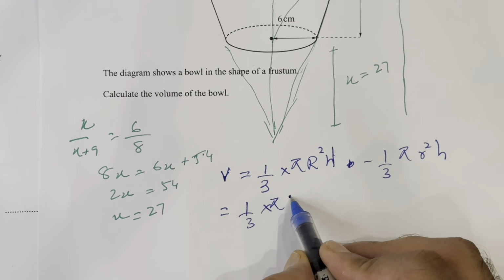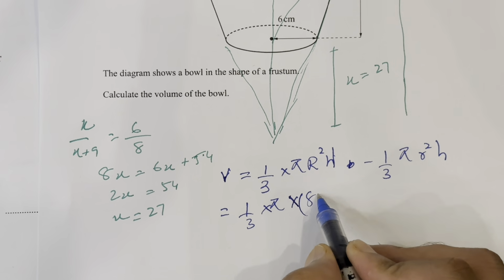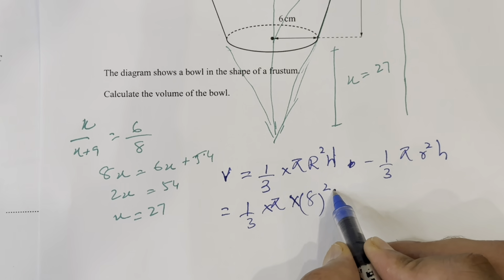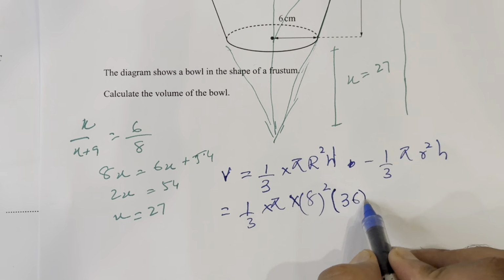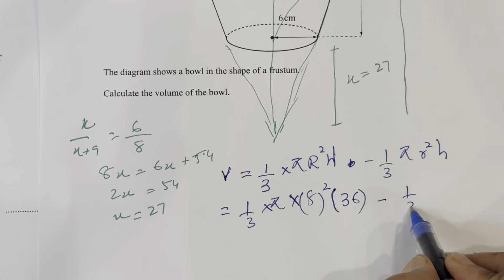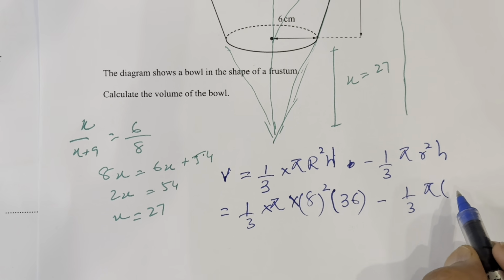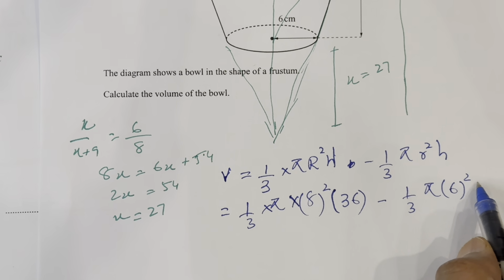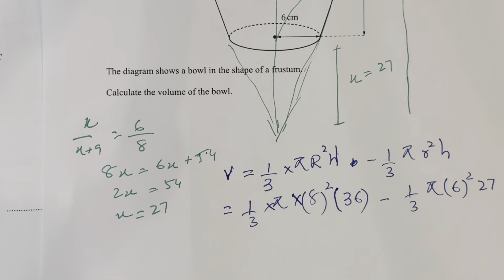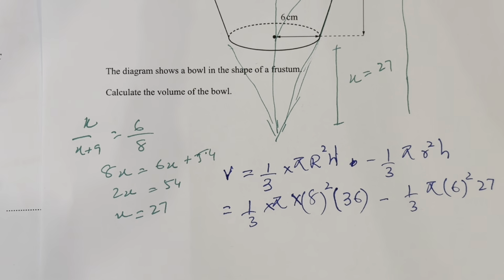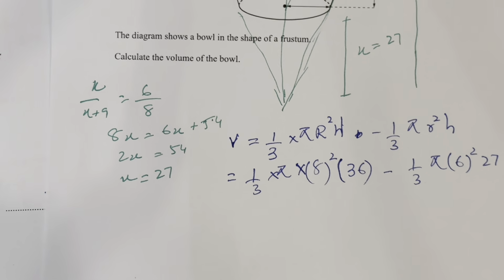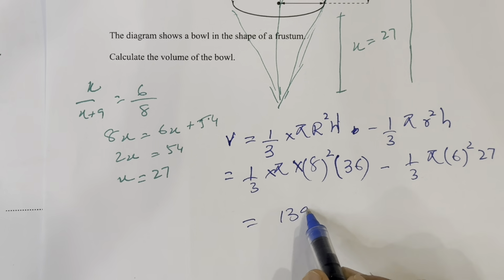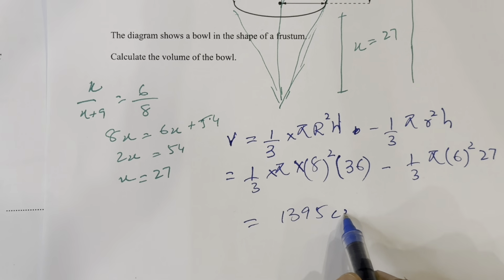What is the value of r? For the bigger cone, the value of r is 8 squared, and h we just calculated, 27 plus 9, that is 36, minus 1 over 3 pi, where r is 6 squared and h is 27. After putting those values into the calculator, our final answer would be 1395 centimeters cubed.